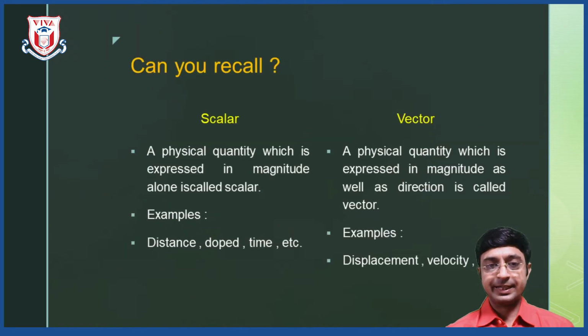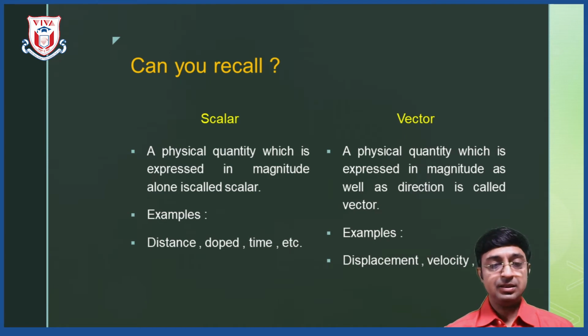Now, next. Can you recall? Now see there. Scalar and vector. So the first point is the definition. What do you mean by scalar? A physical quantity which is expressed in magnitude alone is called scalar, and vector means a physical quantity which is expressed in magnitude as well as direction is called vector.